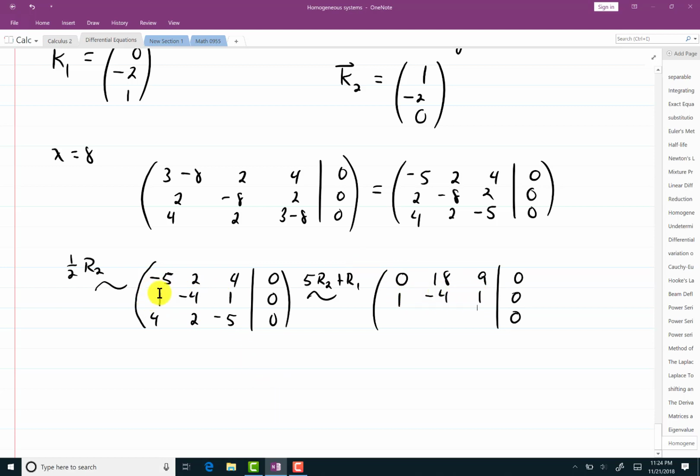I'm going to wipe out the first entry in the third row. In order to do that, I'll do negative 4 times R2 plus R3. Negative 4 plus 4 will be 0. Negative 4 times negative 4 is 16 plus 2 will be 18. And then negative 4 plus negative 5 will be negative 9.